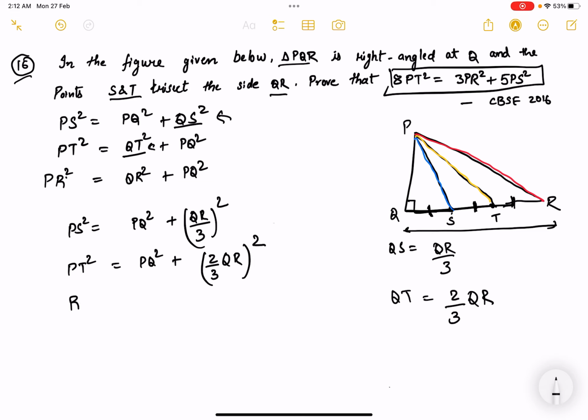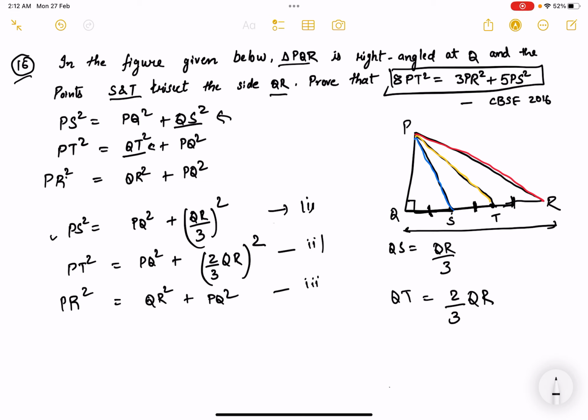And the third equation we have PR square is equal to QR square plus PQ square. This is equation 1, this is 2, and this is 3.